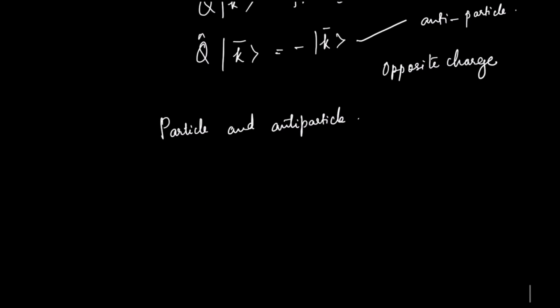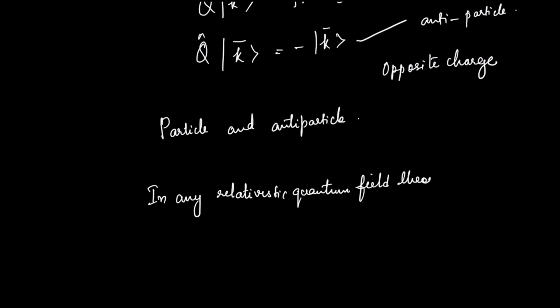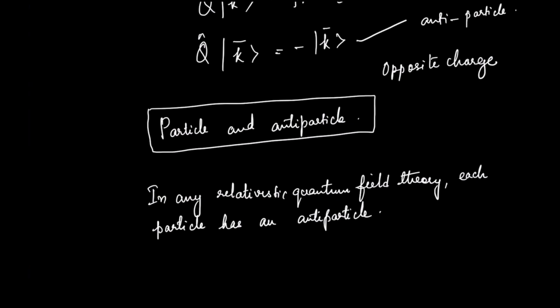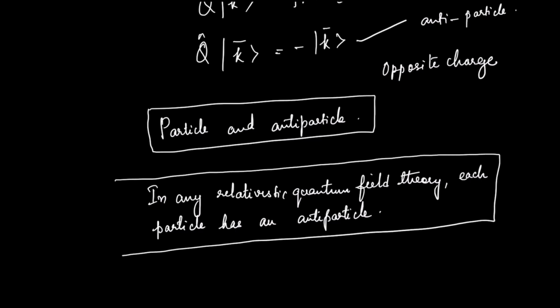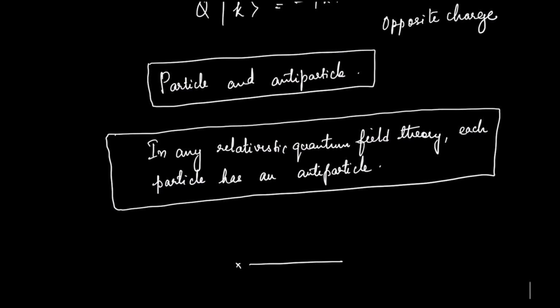Therefore, in any relativistic quantum field theory, each particle has an antiparticle. That is how the concept of particle and antiparticle can be explained in quantum field theory. For today we stop here.